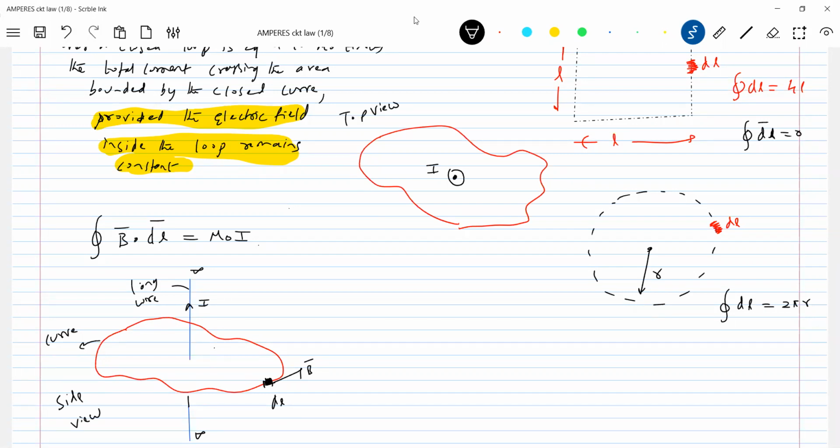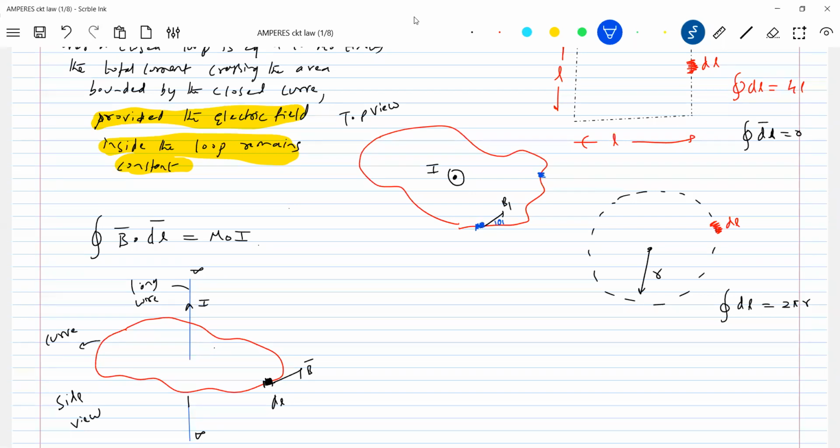You're viewing from the top. Then at various points, let's go for here. So here B bar, B1, will be like this, and this is the current element. So there is an angle between them, no? There's some angle, how much? Theta 1.